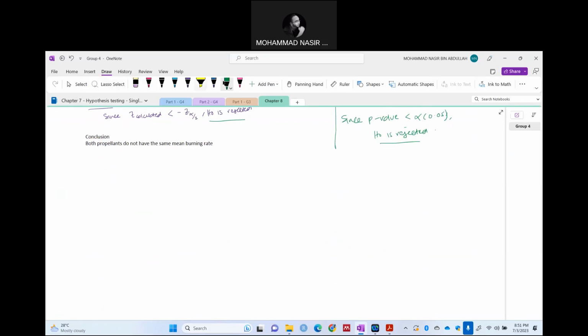B: probability of x bar 1 minus x bar 2 minus z alpha divided by 2 times the square root of sigma 1 square over n1 plus sigma 2 square over n2, less than mu1 minus mu2, less than x bar 1 minus x bar 2 plus z alpha divided by 2 times the square root of sigma 1 square over n1 plus sigma 2 square over n2. This is 1 minus alpha.